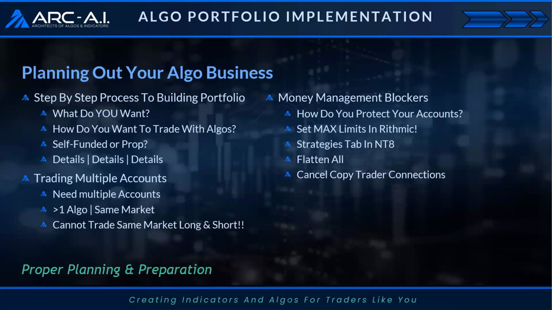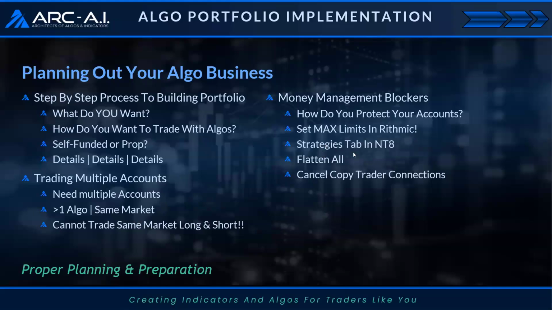Money management blockers. How do you protect your accounts and how do you set max limits? And then we already talked about the strategies tab. Another thing you can do, let's say you forgot to turn off one of the algos and you're in multiple trades at the same time. You can just go into that algo and turn it off. It'll close the position.